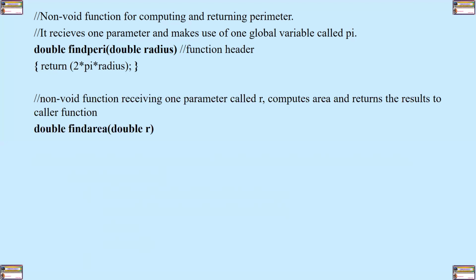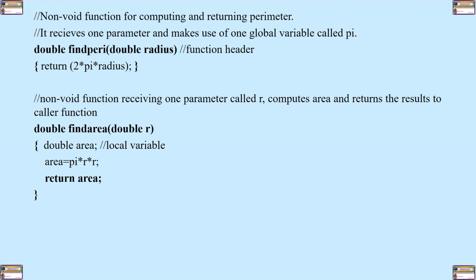Then the next function is receiving one parameter called radius or r, then computes the area. This function is receiving the value sent to it, the value of r. That value is stored in a placeholder called r.